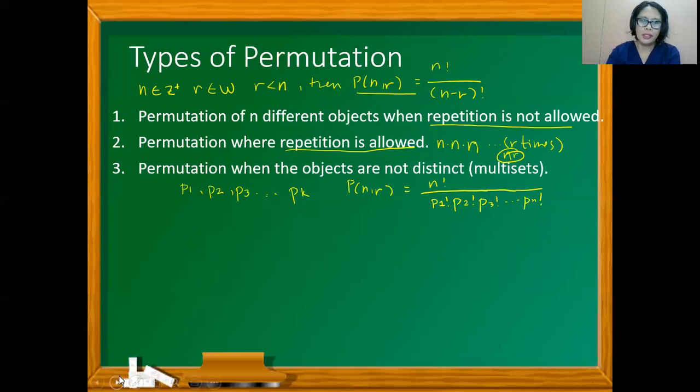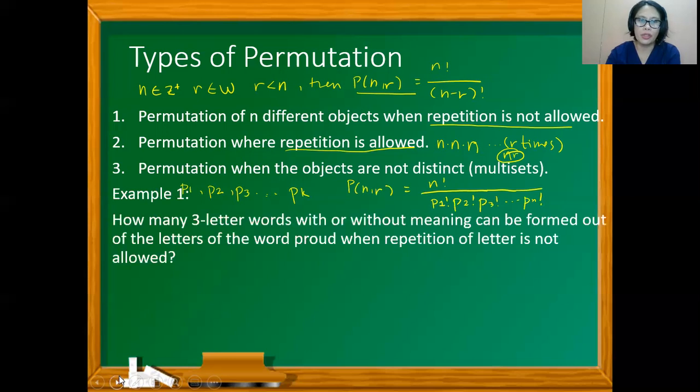Now, let's work on problems involving the three types of permutation. In problem number 1, we are asked how many three-letter words, with or without meaning, can be formed out of the letters of the word PROUD, when repetition of letters is not allowed.